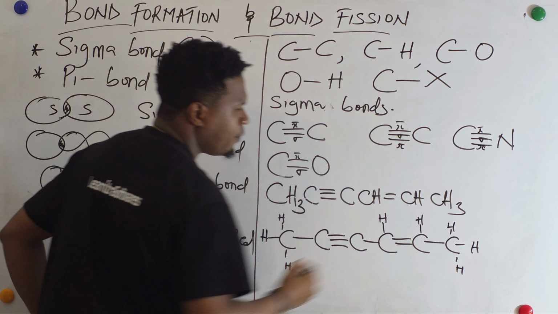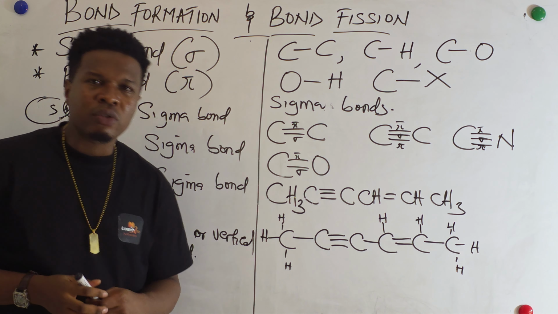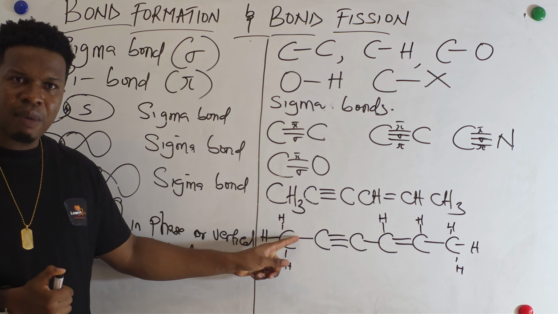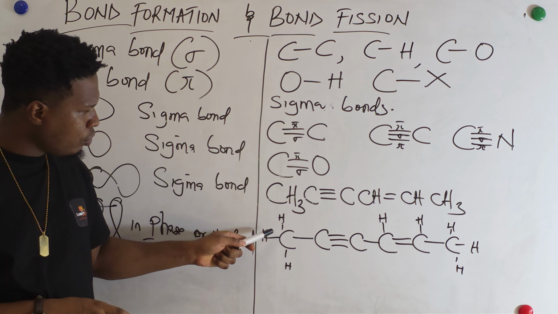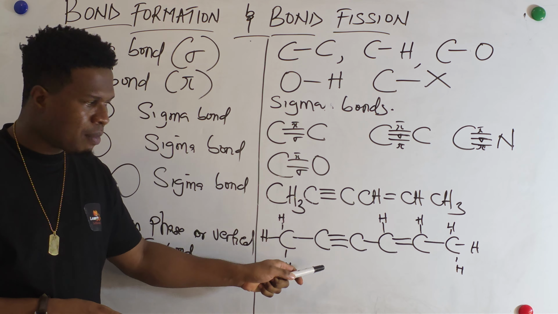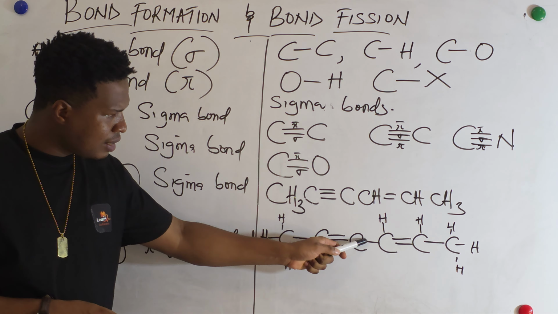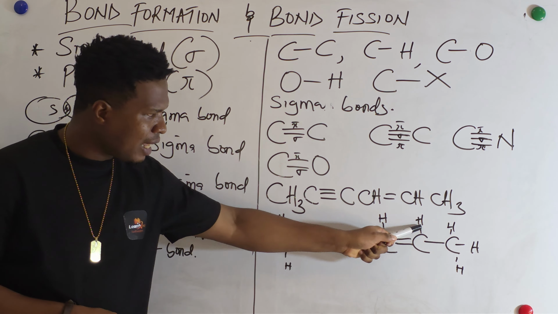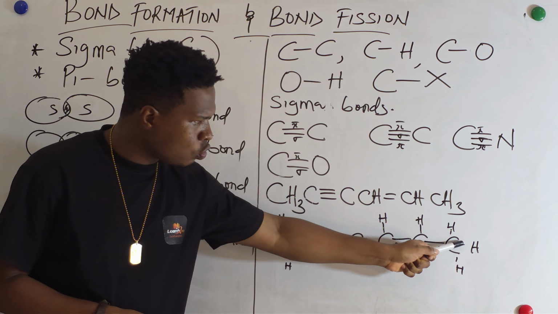Okay, so now how many sigma bonds are you seeing? Remember that all the single bonds are sigma bonds, so we can count it. 1, 2, 3, 4. Out of these 2, 1 is sigma, so 5, 6, 7. Out of these 2, 1 is sigma, 8, 9, 10, 11, 12, 13.